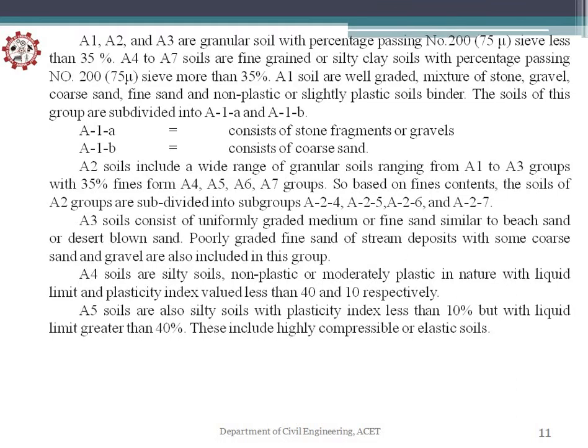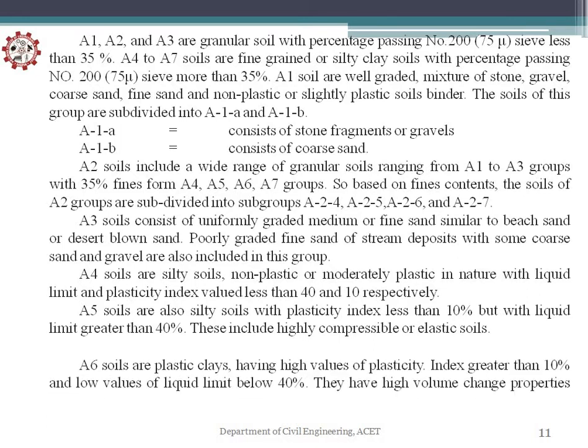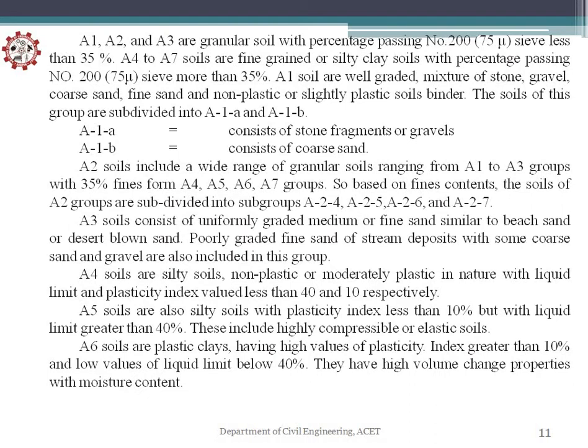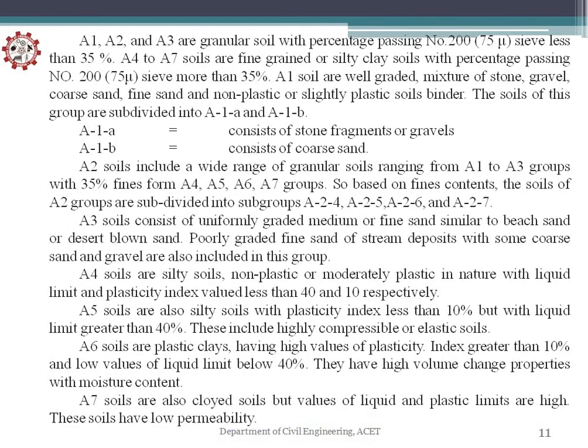A5 are silty soils having a plasticity index less than 10% and liquid limit greater than 40%. A6 has again the same value, low liquid limit. A7 has high plasticity with low permeability. When the soil is less permeable, it is very bad for construction.